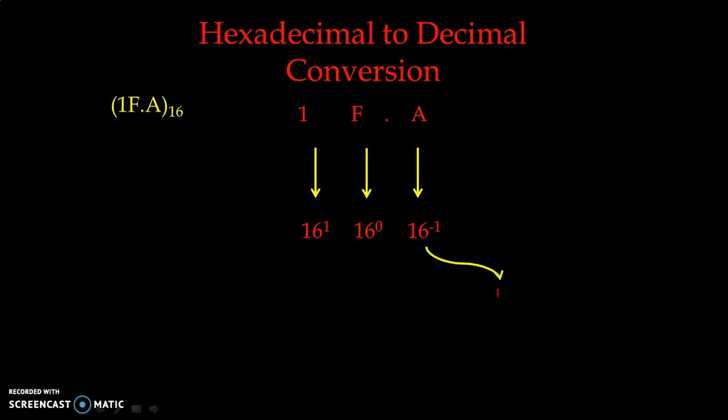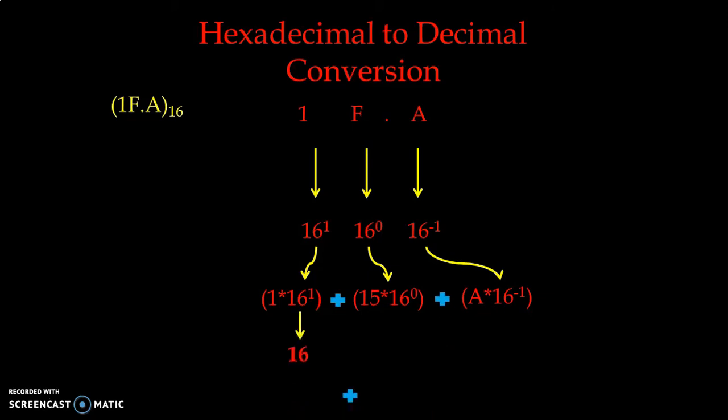So now we have a multiplied by 16 raised to -1, then F is 15, A that was 10, then we have to do the addition. 16 raised to 0 is 1, and 1 multiplied by 15 is 15, and A is equal to 10, and we have 10 divided by 16, so ultimately it comes to 0.625, and if we do the addition, then the value comes to 31.625, right?